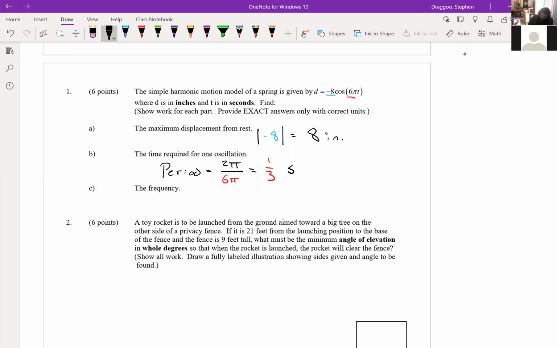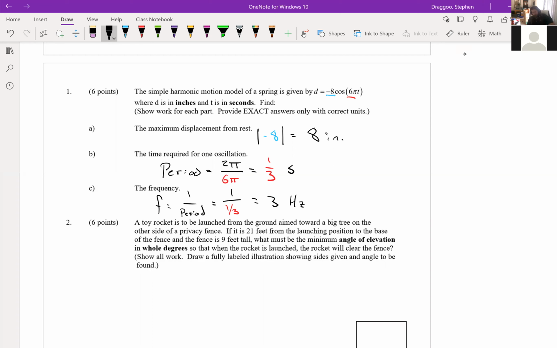And finally, the frequency is 1 over the period. So 1 over 1/3 simplifies to 3. And this can either be oscillations per second or 3 hertz.